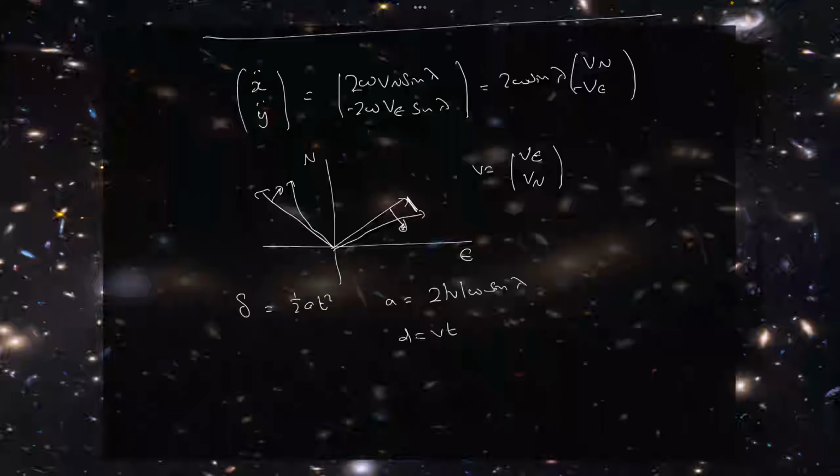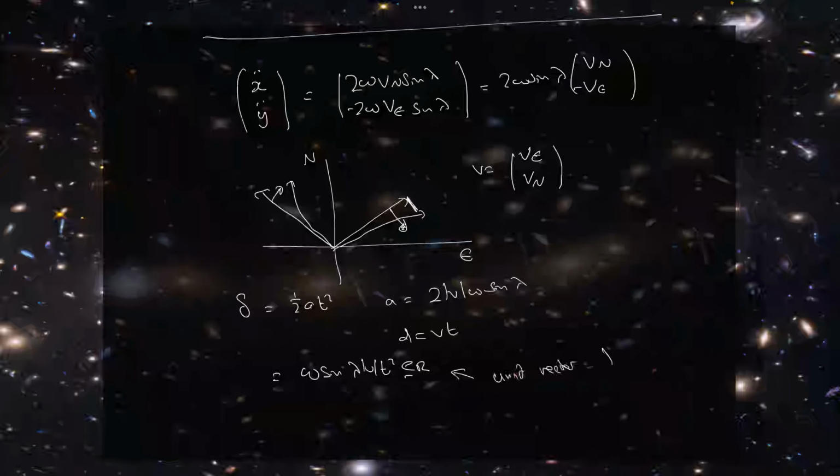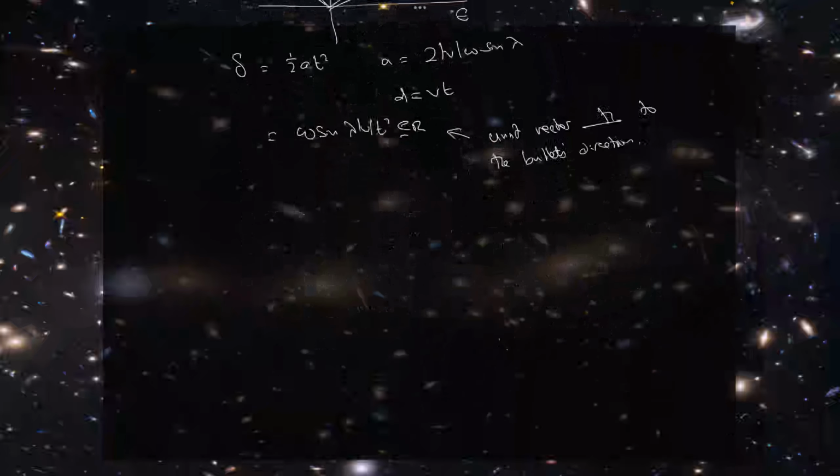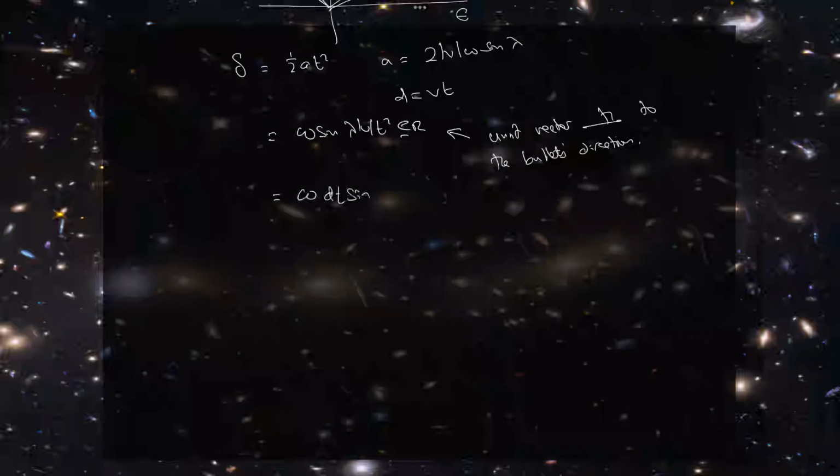We assume the target is a distance d equal to vt away, so delta is equal to omega sine lambda mod v t squared e_r, where e_r is a unit vector orthogonal to the initial direction of travel of the bullet. Over the path of the bullet, we assume that v remains effectively constant. And that's omega times d t sine lambda e_r. And you'll notice that it's independent of the direction you fire the bullet, whether that's north, east, southwest, or any other direction.